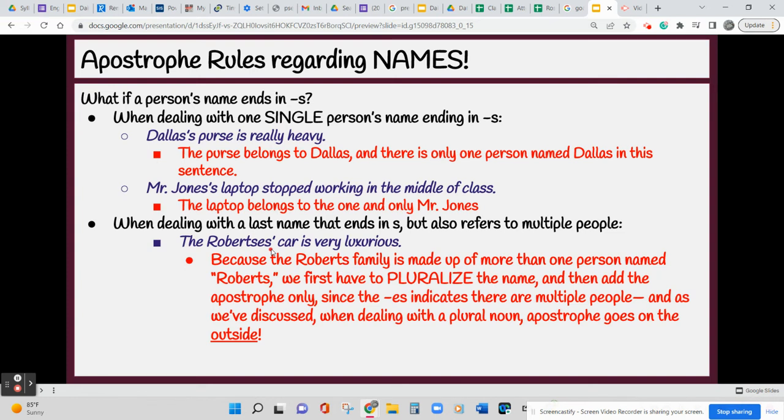Then, to indicate possession, you put the apostrophe on the outside. If there's anything that we're talking about today that's confusing to you or that you want me to slow down or work on some examples with you before we do any class activities, please let me know. I know this can be a little tricky to understand. So that is the apostrophe rules regarding names ending in S.